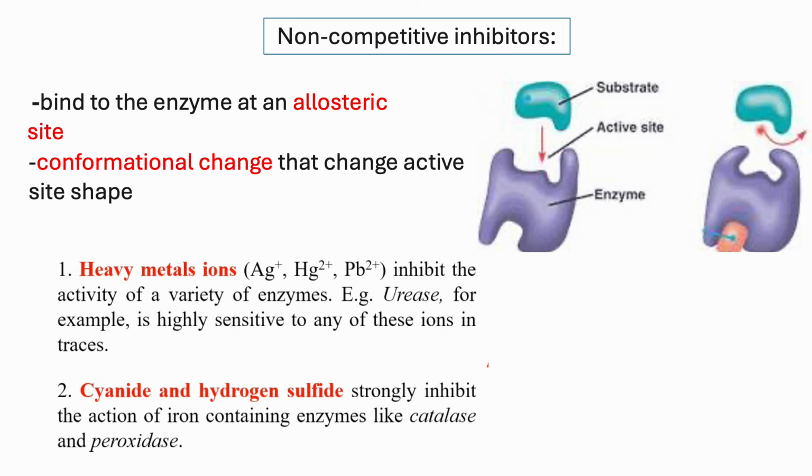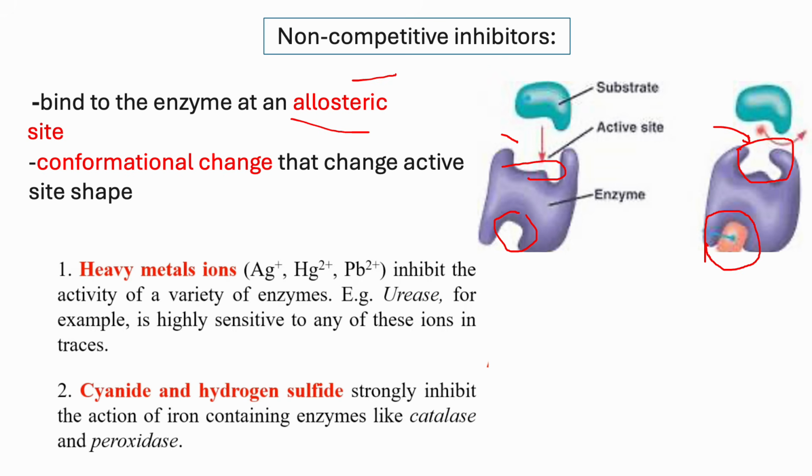Let's talk about non-competitive inhibitors. Non-competitive inhibitors bind to the allosteric site. Look here, this is the active site and this one is the allosteric site. So a non-competitive inhibitor binds in the allosteric site, and then what happened? Look closely, the active site conformation changes a little bit. Then the substrate can't bind with this enzyme because of the change in conformation.